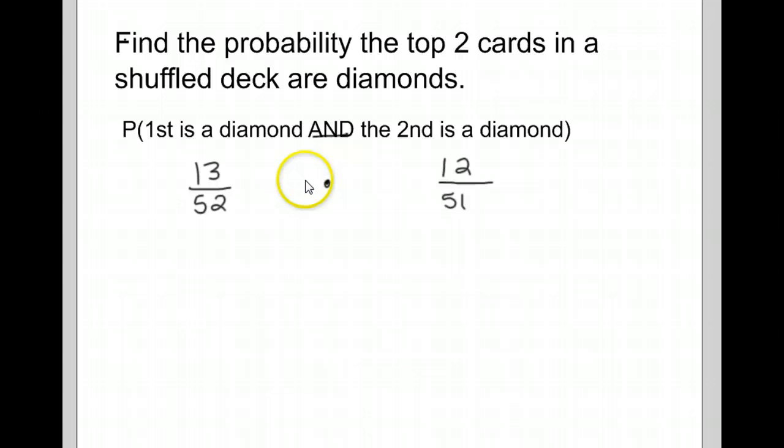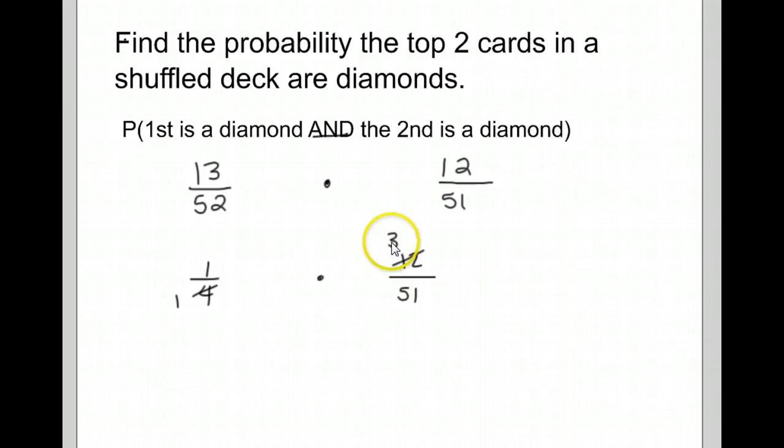Okay, now because we're multiplying fractions, reduce the fractions first so you get the smallest numbers you can. 13 goes into 52 4 times, so we can reduce that down to a fourth. And then over here, if you don't know whether 12 has anything in common with 51 or not, we do know that 12 has something in common with 4, and remember we can cancel diagonally.